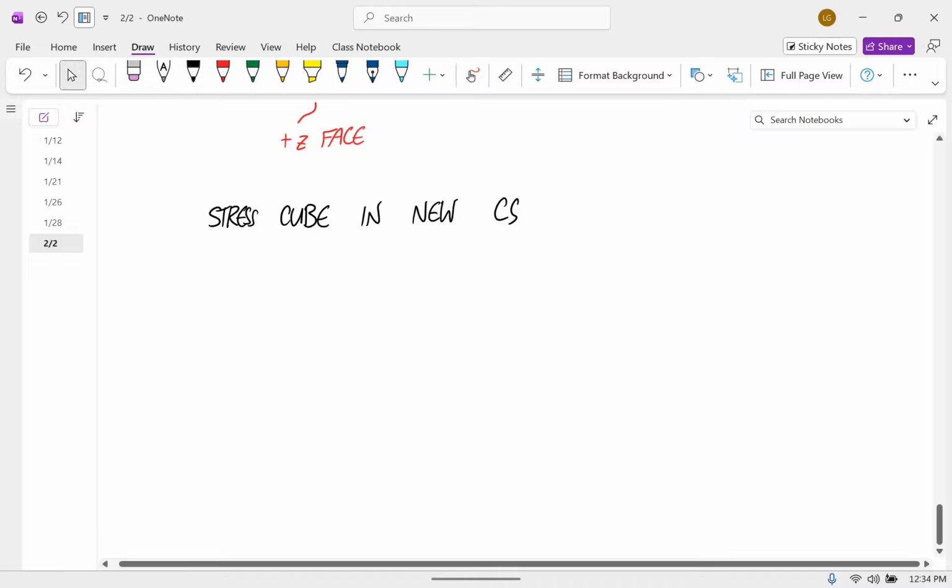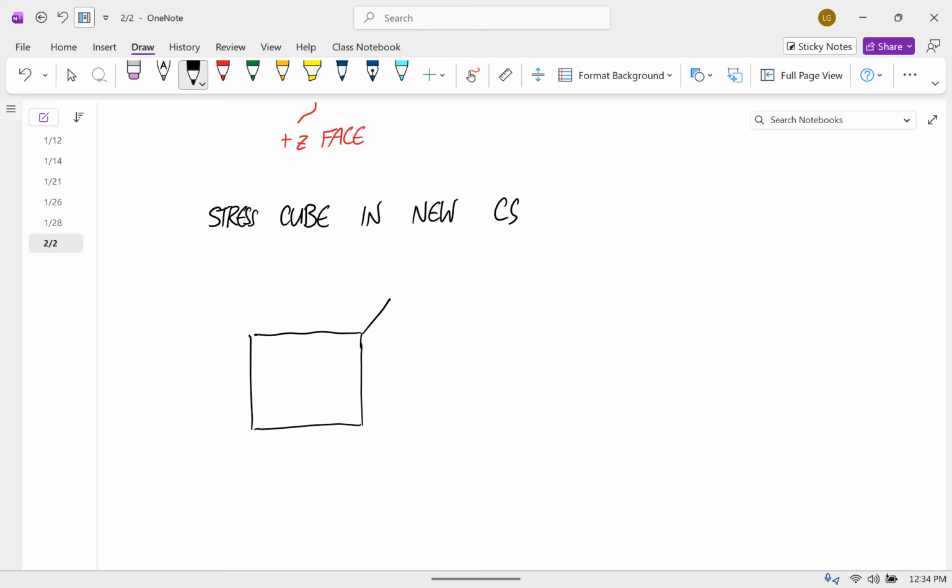So this time, I'm going to draw this cube. And let's think about what faces are showing. So the positive Y face is obscured over here. So this one is the negative Y face. This one is the positive X face.